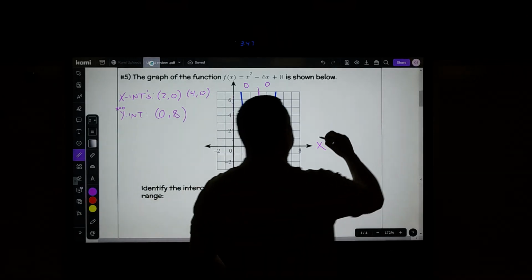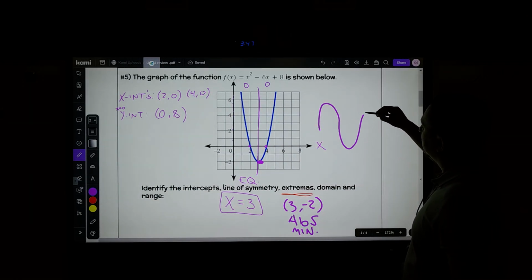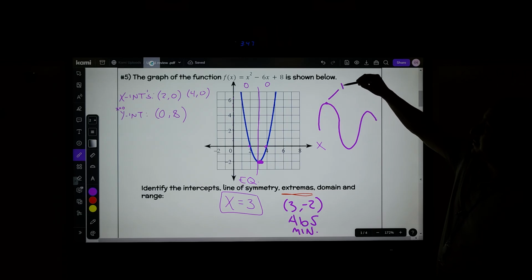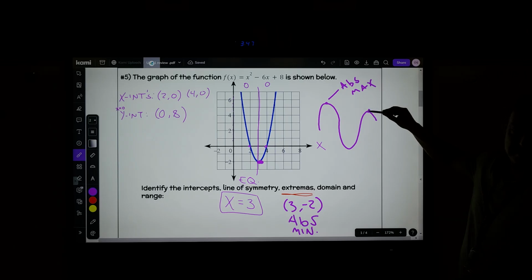maybe this will help too. Let's draw this little picture. Oh, that's a good picture. This is the highest point, though. That's the absolute max. This is a high point, but it's not the highest point. That's a relative max.